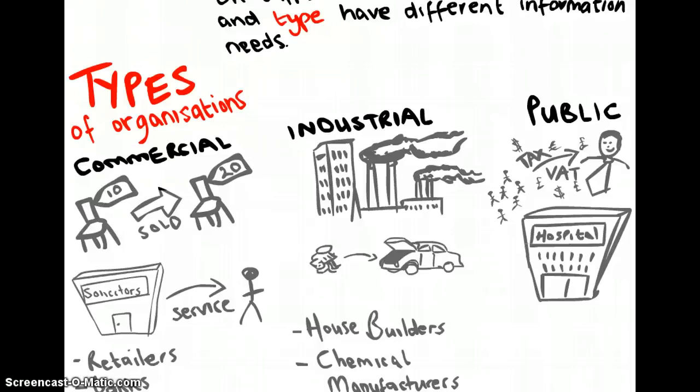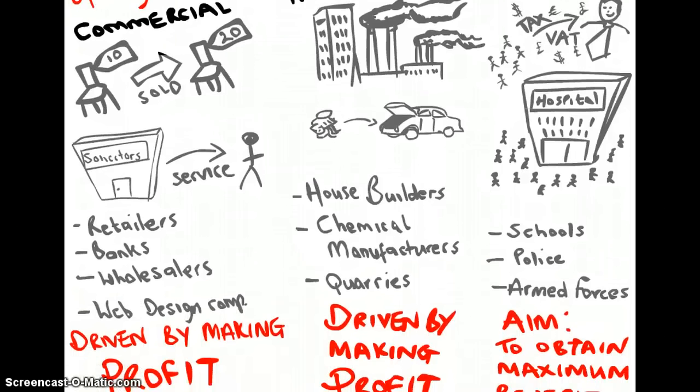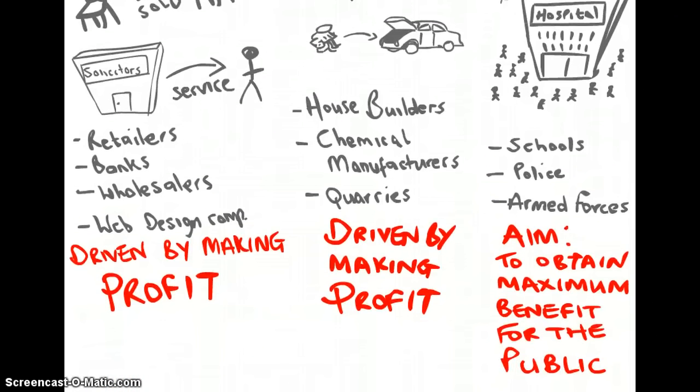Producing a profit is not an aim of these organisations. Other public service organisations include things like schools, police, and armed forces. Again, they are not driven by making a profit. Their aim is to obtain maximum benefit for the public.